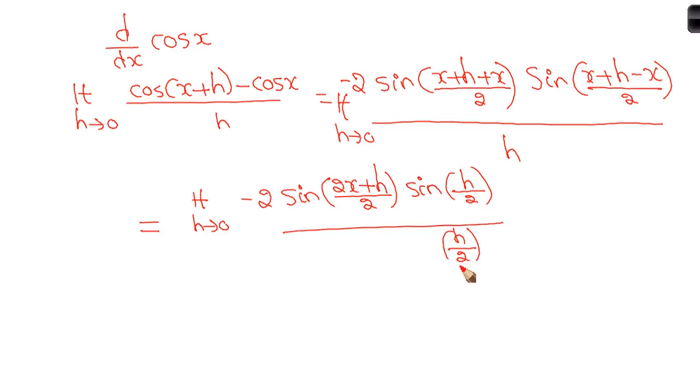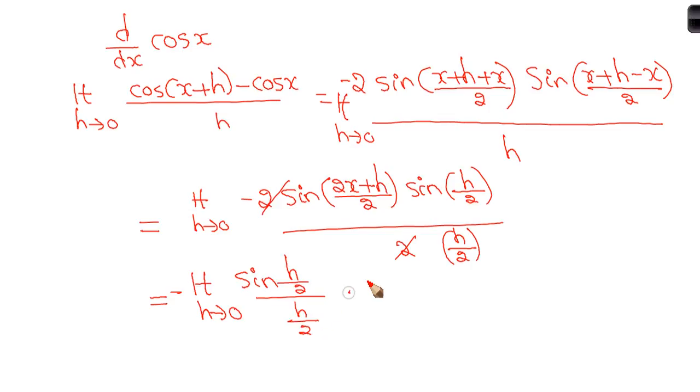Multiply with 2 and divide with 2. This 2 and 2 get cancelled out. So we are left with limit h tends to 0, minus is also there, sin of h by 2 by h by 2, into limit h tends to 0 sin of (2x plus h) by 2.